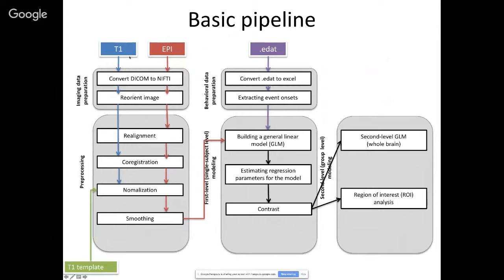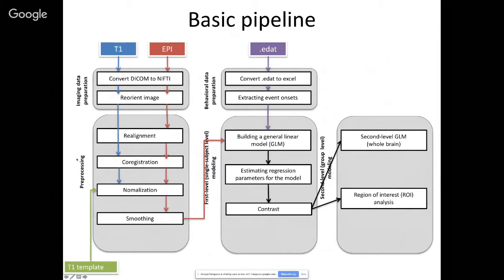After that, the T1 goes through several pre-processing steps. First, realignment, and then coregistration. So both T1 and EPI go to coregistration. We coregister them together.